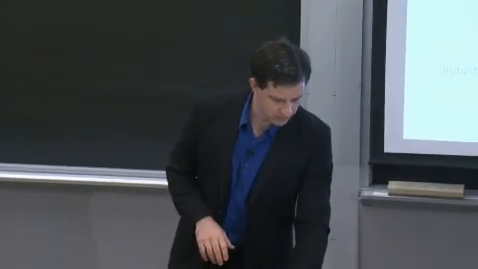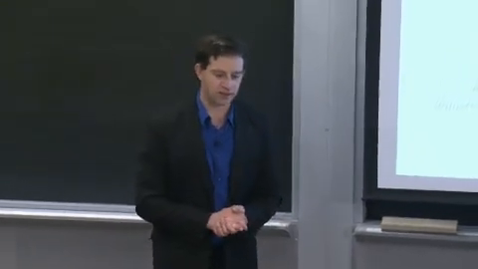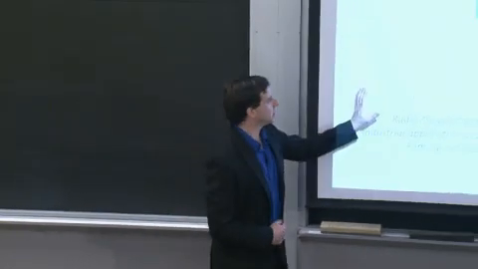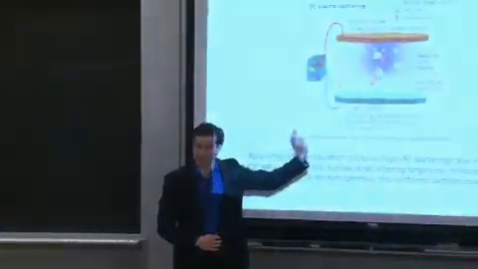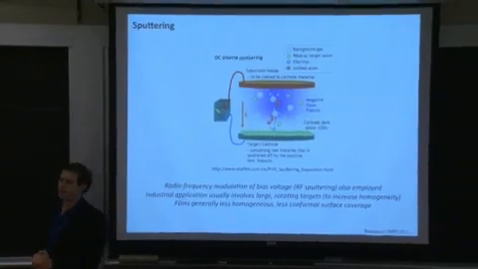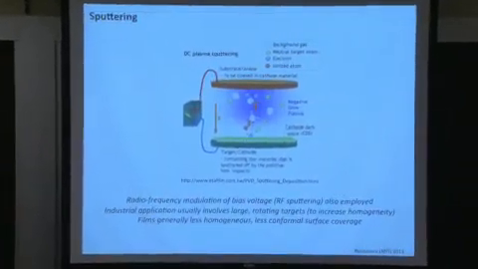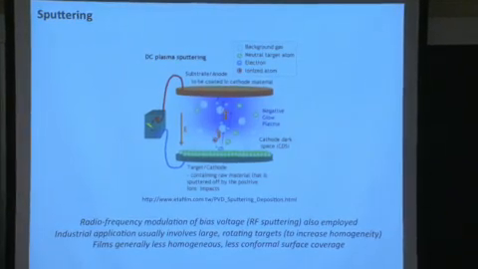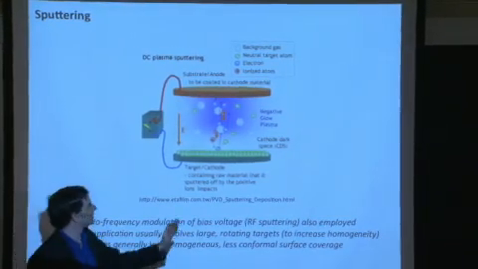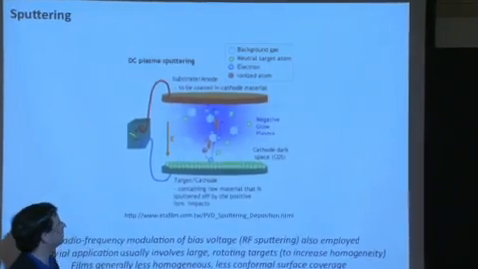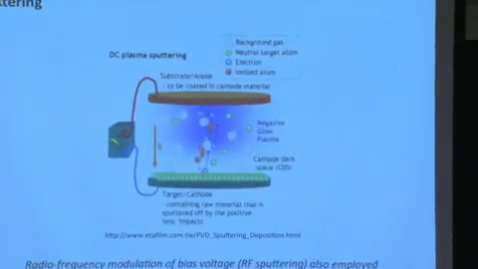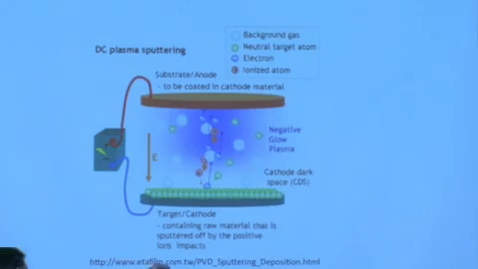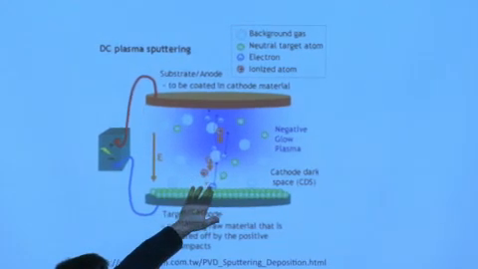So let's go into a few examples of these vacuum-based deposition systems. Within the PVD techniques, within the physical vapor deposition techniques, one of the most commonly used in manufacturing, at least in some startups, you have examples like Miasolé, is sputtering. And the sputtering process is essentially very, very straightforward. You have a plasma. The plasma consists of atoms that are charged.